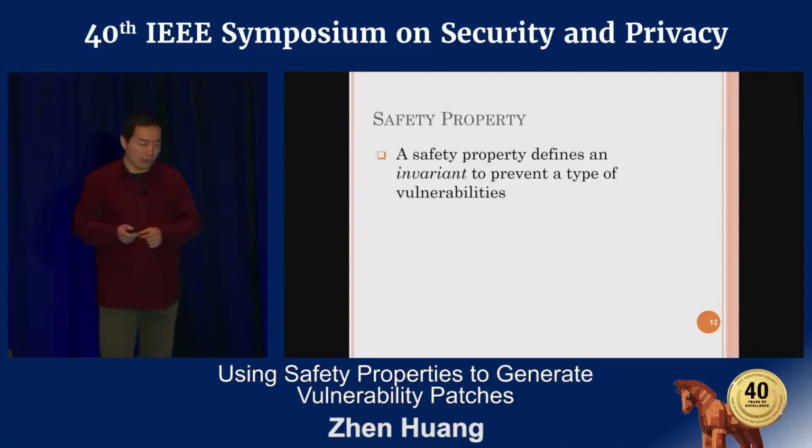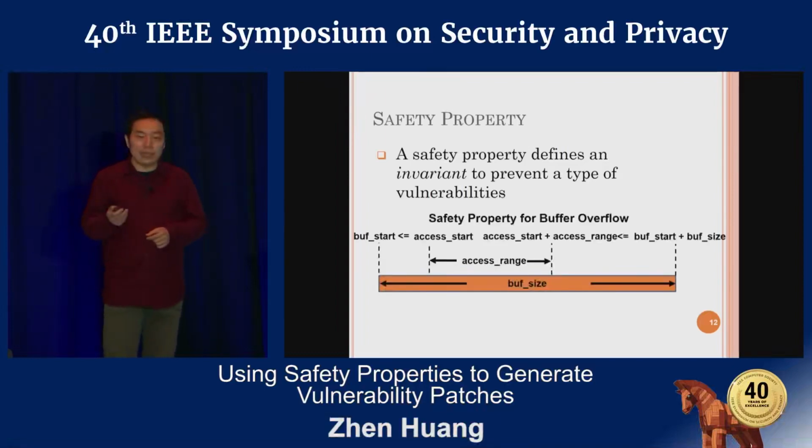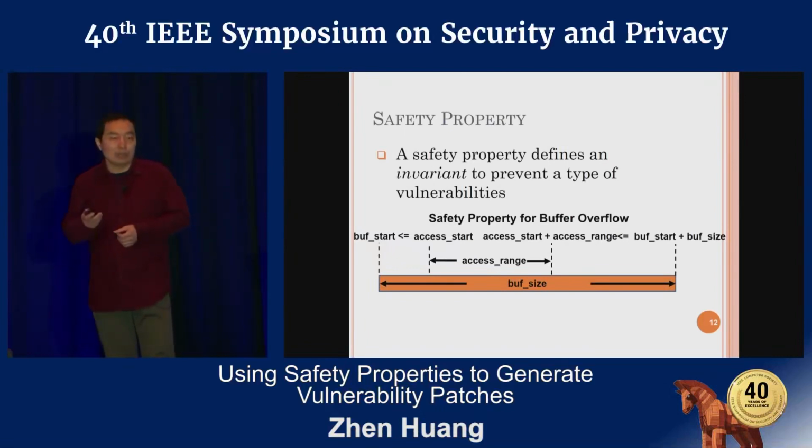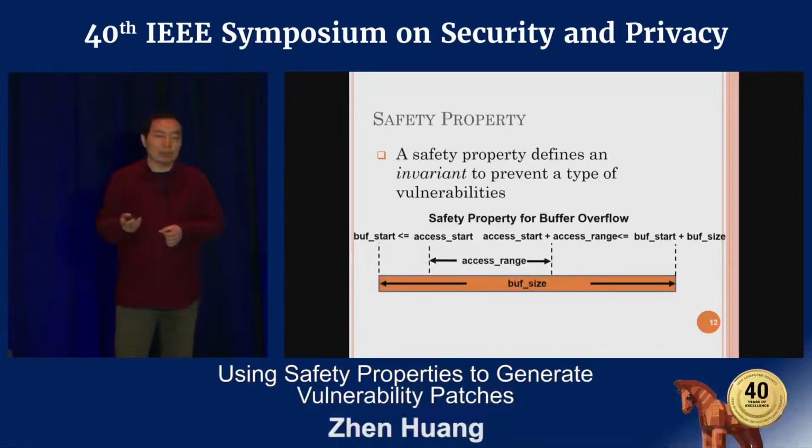For example, by the definition of buffer overflow, we can define a safety property for buffer overflows that would check the range of size with the bounds of the target buffer.